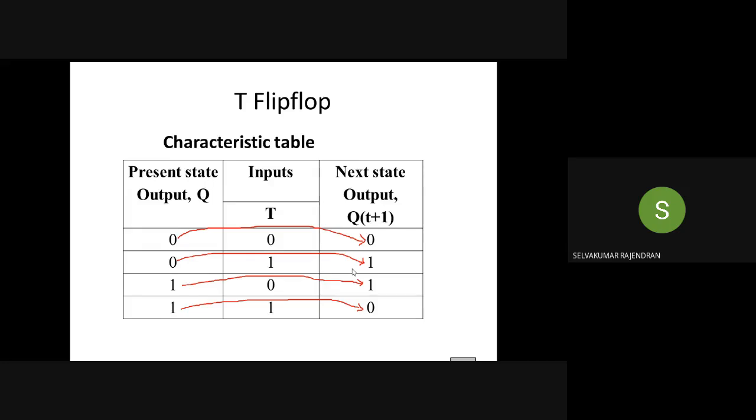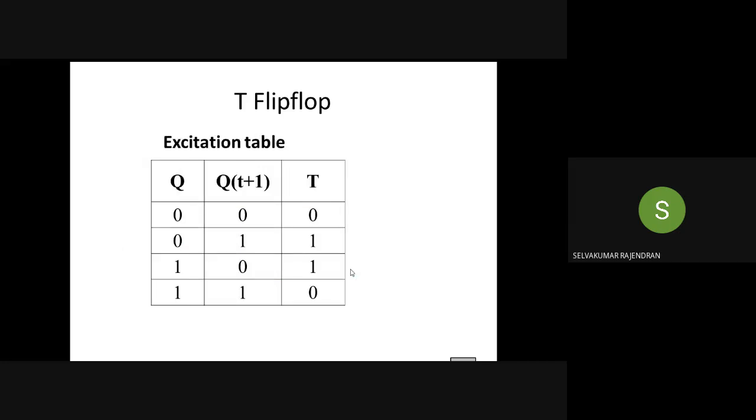Right, so this is the excitation table. Here also the same condition. Present state value is 0, next state value is 0. So it is memory state, and to provide a memory state, T should be 0. But when the next state is 1, 0 is complemented to 1, that is toggle condition.